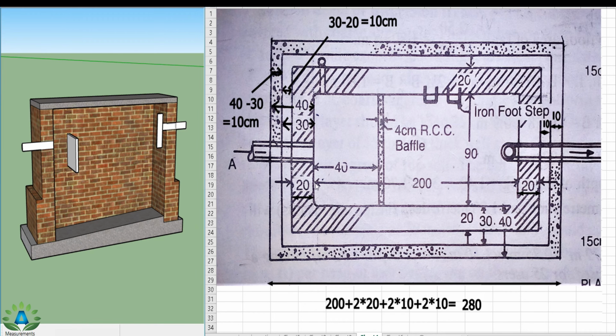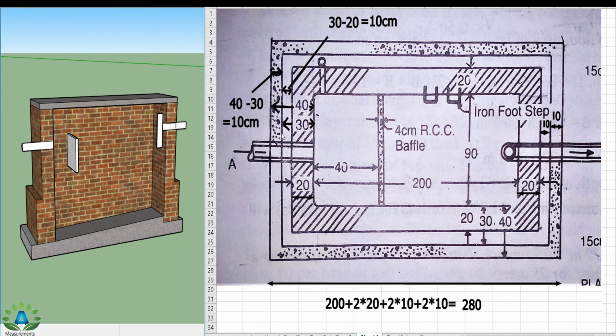Here we can clearly see that the inner dimension of this septic tank is 200 cm. And this small portion is 20 cm and this portion is also 20 cm. And we have already been given that this portion of the wall, that means from this wall up to this wall is 40 cm and this point up to this point we have 30 cm dimension.